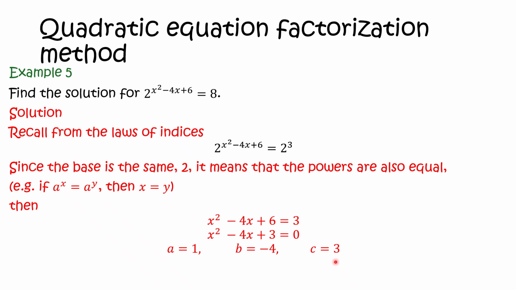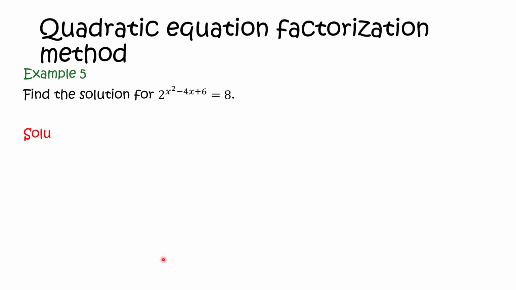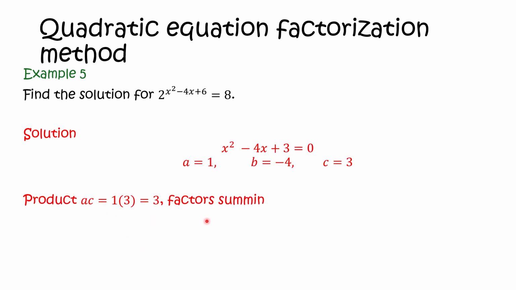That means that our a is 1, our b is minus 4, and our c is equal to 3. Now, moving on, we are going to find the product AC, which is 1 times 3, which is equal to 3. The factors summing up to b of minus 4 are minus 1 and minus 3.